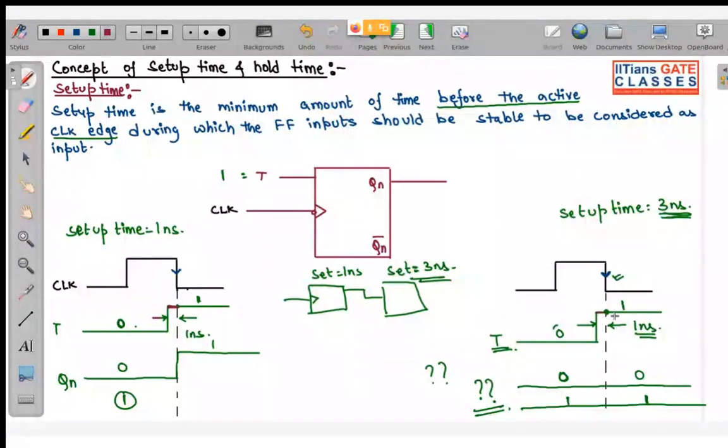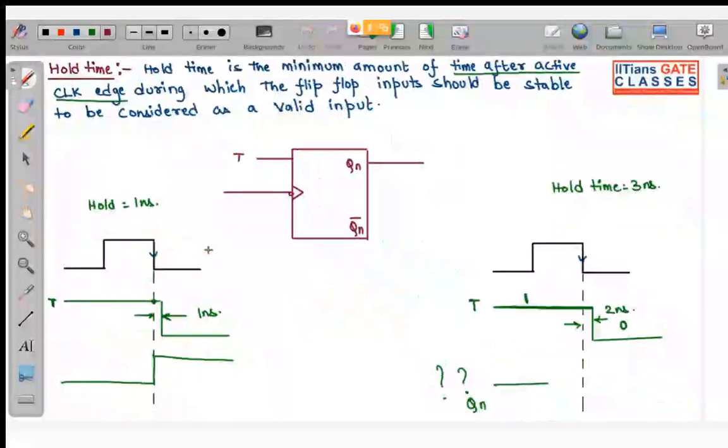Here, as this criteria is not met, that is why we are saying input is invalid. Over here, the criteria of the level to be stabilized is once again 1 nanosecond. So in practical cases, any flip flop you take has a minute level triggering only. There is no such case as edge triggering.